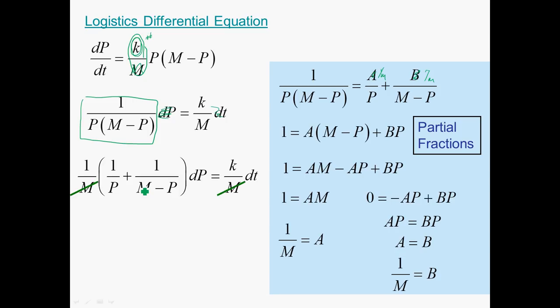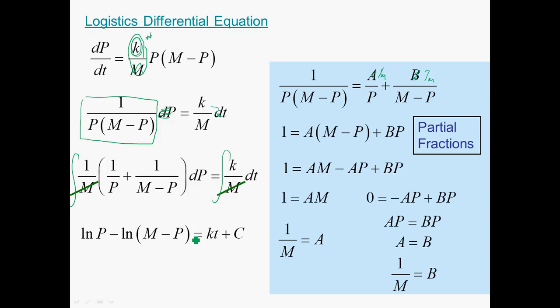The Ms canceled out, and then really I was anti-differentiating. So the antiderivative of 1 over P is ln of P.